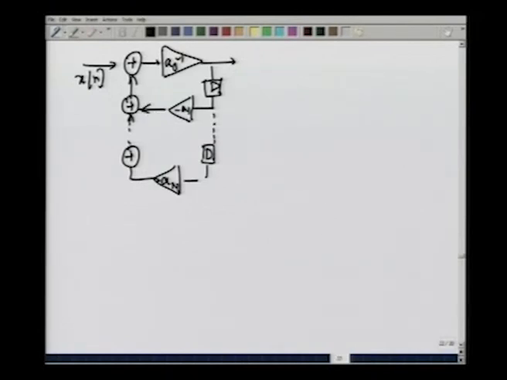This is just the same block that we had before, except that now the input is xn and the output is something that we can call, say, un or wn, still better. Now wn is xn convolved with h2n.